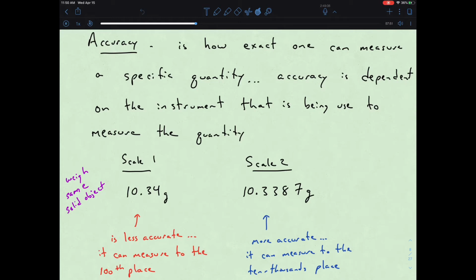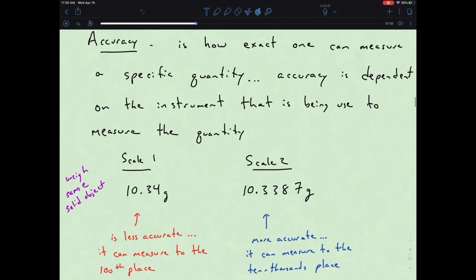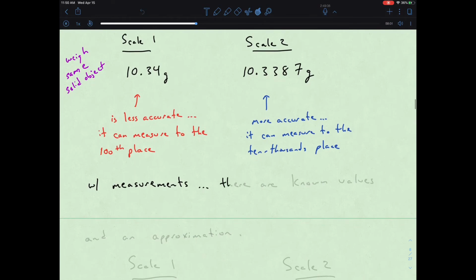So if we look at those two measurements, there are what I like to call known values and an approximation.